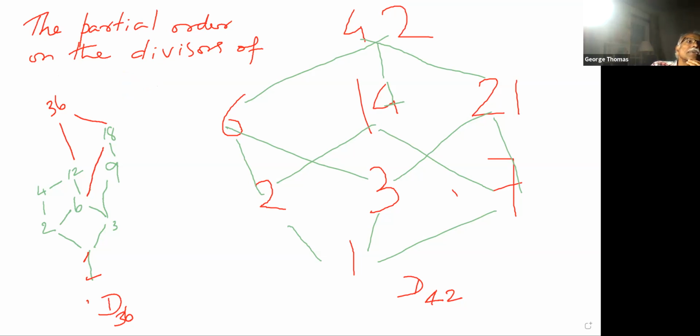Let S be equal to the set of N such that D divides 36.